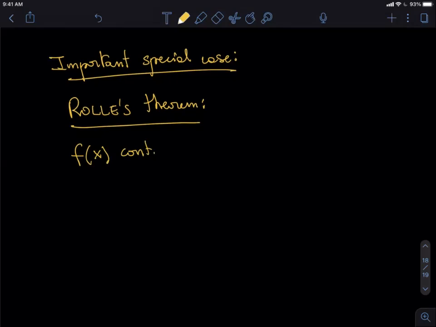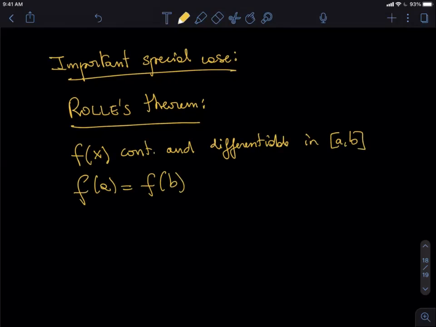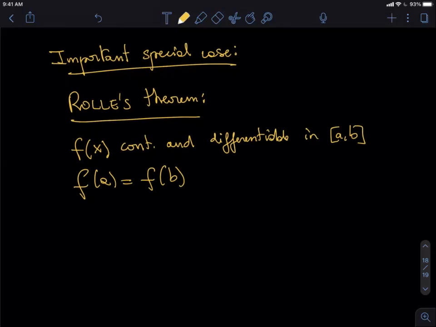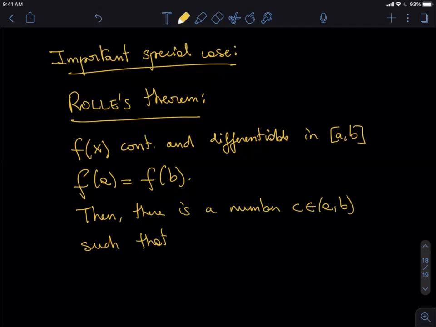You have a function that is continuous and differentiable in (a, b), and f of a equals f of b. The value of the function is equal at a and b. If these two are satisfied, then there is a number c in (a, b) such that f prime of c equals 0.